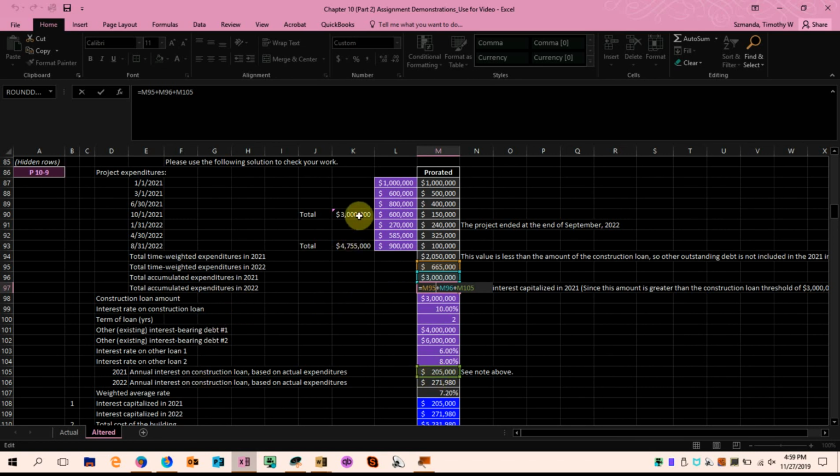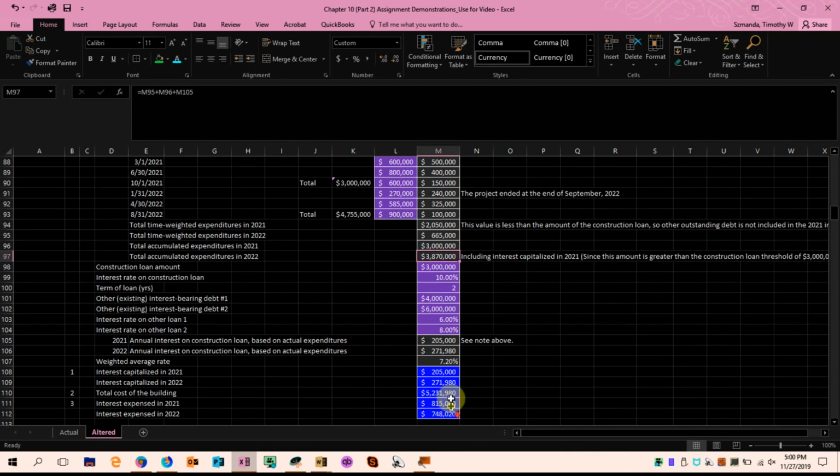The $3 million total expenditures incurred in 2021 plus the time-weighted expenditures in 2022 plus the capitalized interest from last year. It's that amount that I'm going to apply when I determine my capitalized interest for 2022.